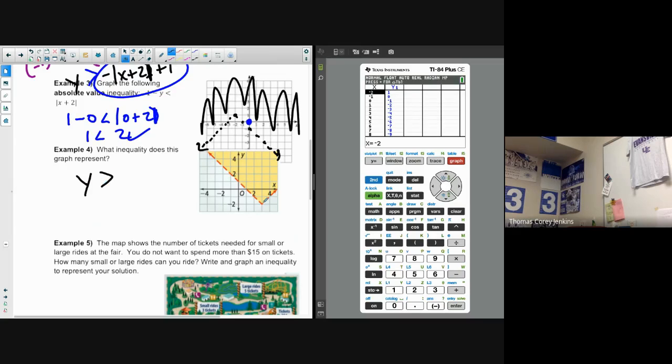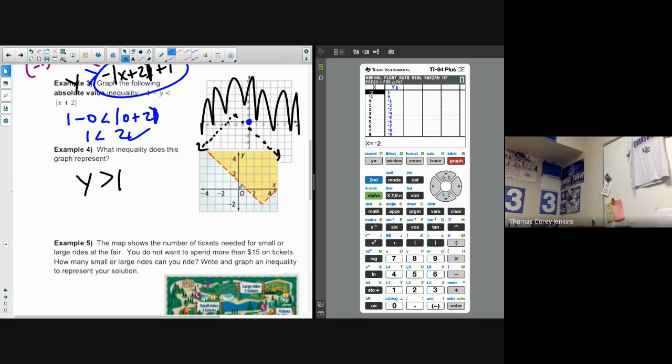Then we've got to figure out how to write the equation for this boundary line, right? So first thing I notice is that the slope over here is +1, over here is +1, so there is no a, there's nothing in front of the absolute value bar, so you can start with an absolute value bar.